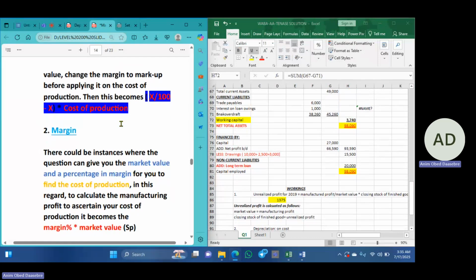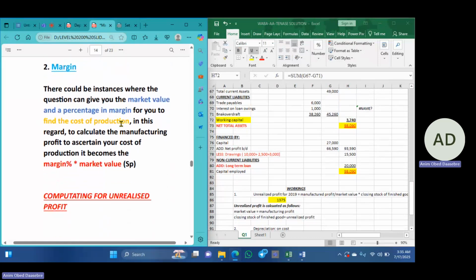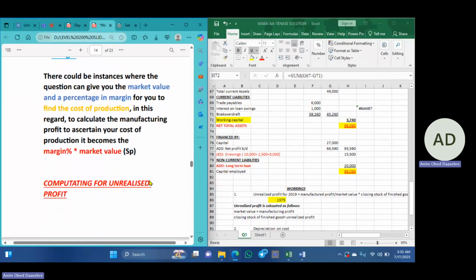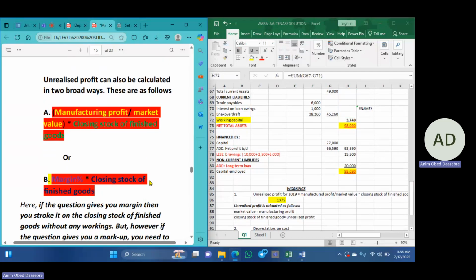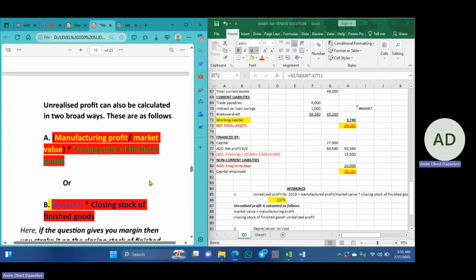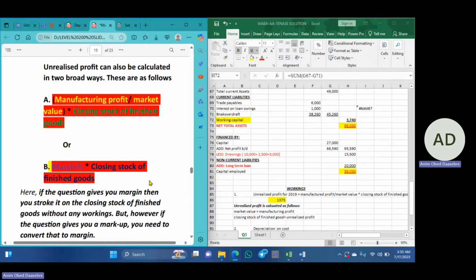Okay, so guys, we are done with the manufacturing accounts and all the issues around the manufacturing business, right?